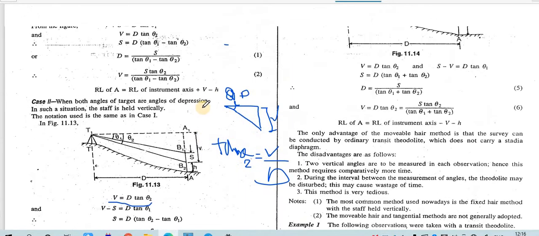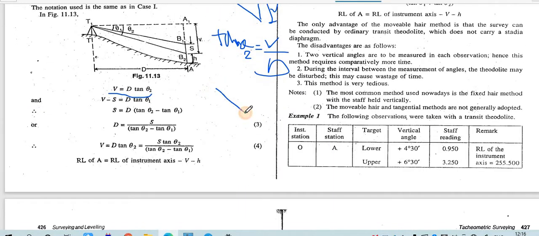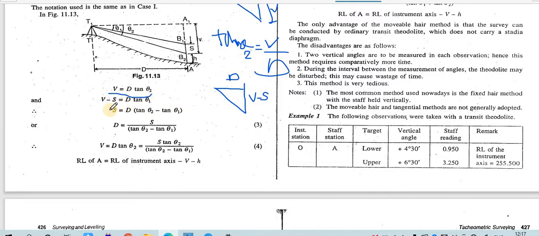And in the second case, we have to consider this value. Firstly the total distance coming out to be V, and for theta 1 we have to subtract this S. So V minus S will be the vertical height. This will be D. So the second case will be V minus S equals D tan theta 1.